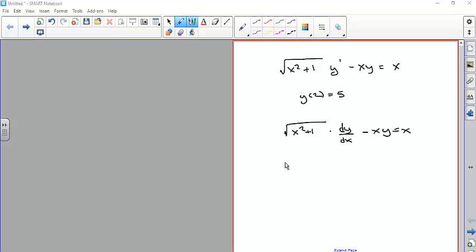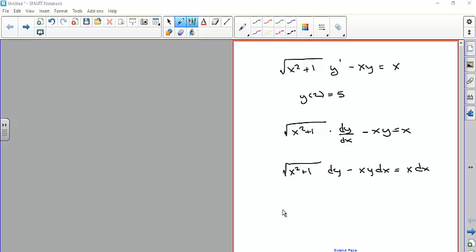And then you can multiply everything by dx to get that dx out of the denominator. So you'll have square root of x squared plus 1 dy minus x times y times dx is equal to x dx. So both of these get multiplied by dx.